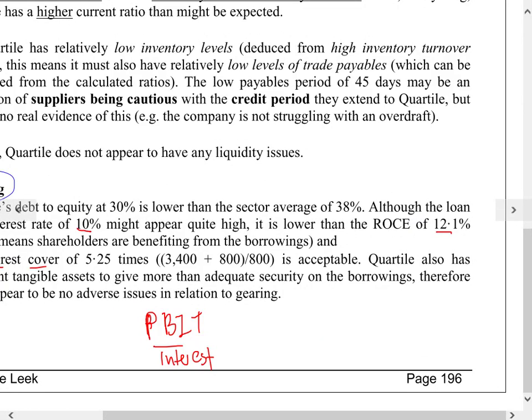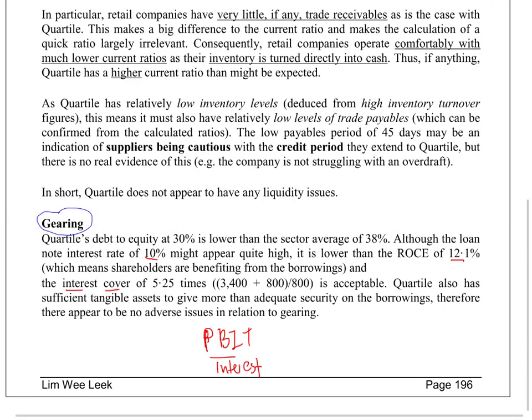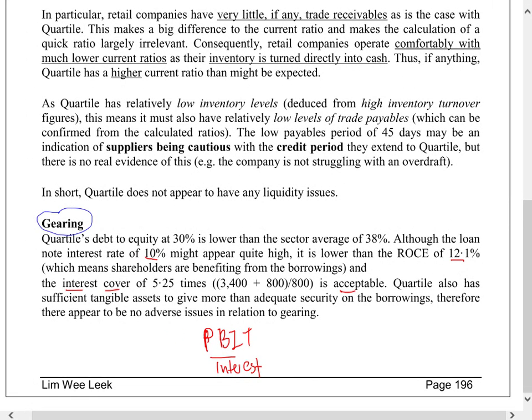PBIT, because we have to add interest to get PBIT, and this is the interest. So it's about 5.25. Is it manageable? Yes, more than 4. You don't write there more than 4. We think that 5.5 times is acceptable. So the company should actually go on and continue more if they are able to make more profit.